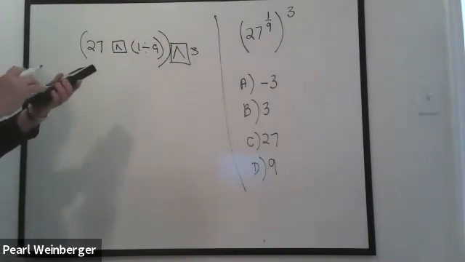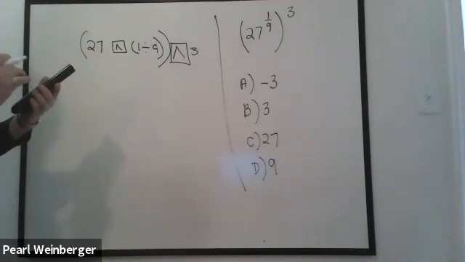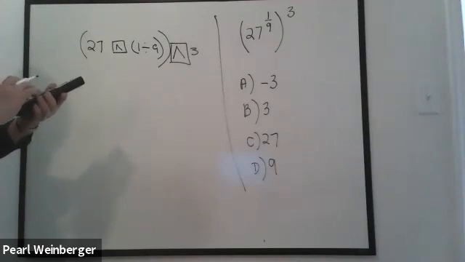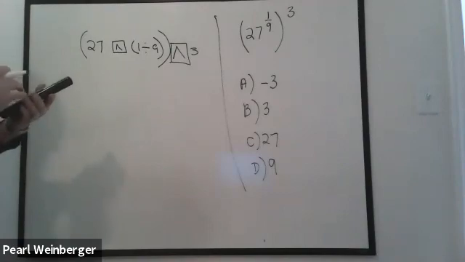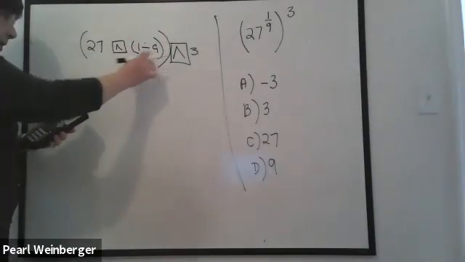So parentheses 27, press my exponent button. I put in parentheses 1 divided by 9, and I close that parentheses. And then I close my original parentheses. I'm up to here.